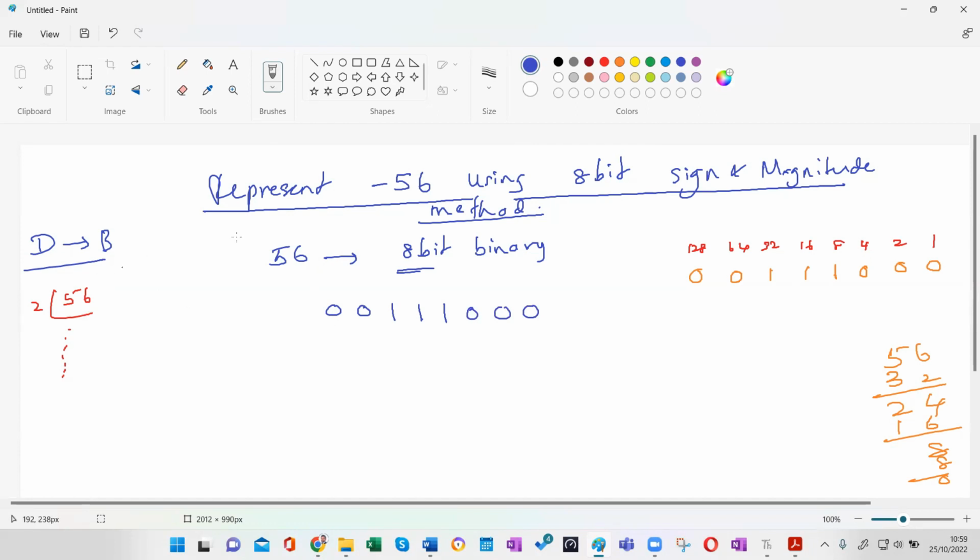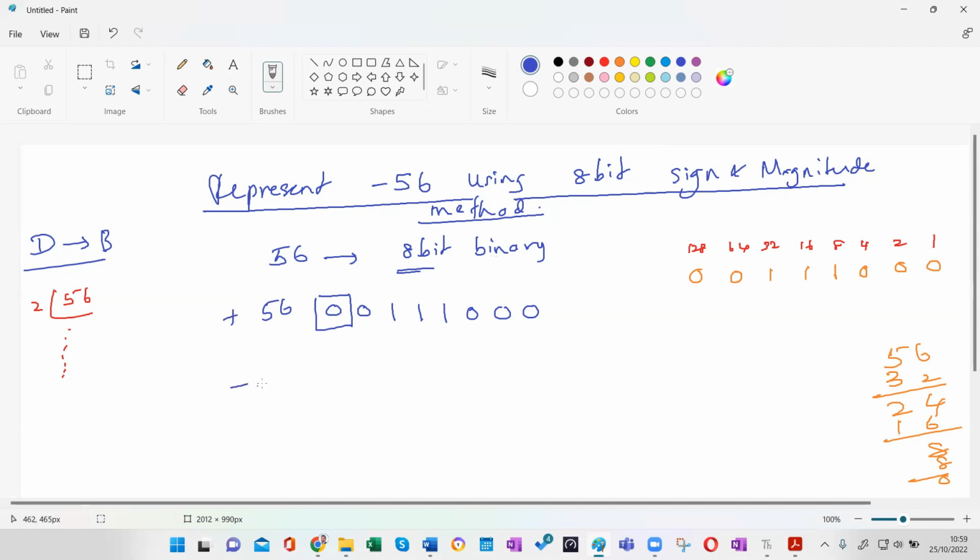Okay, now we are trying to represent minus 56. Now this is 56. We can even call this plus 56 because you can see the most significant bit is 0, and you know 0 represents positive. So this is positive 56.